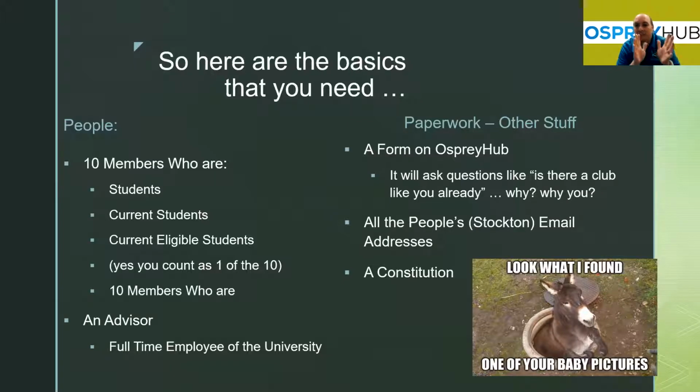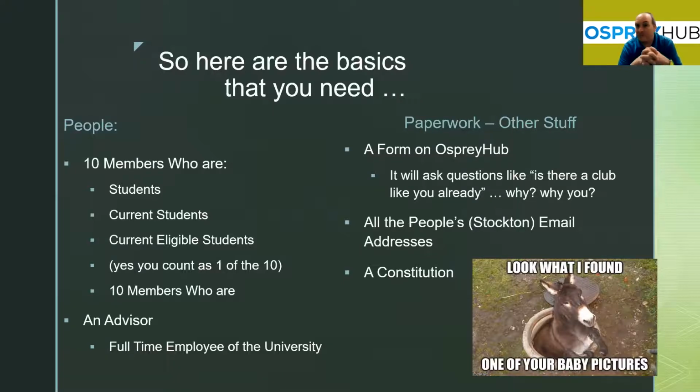All right, so 10 eligible students on the roster. You'll also need an advisor. What are the requirements to be an advisor? They need to be a full-time employee of the university. There are plenty of people here who work very hard who are not full-time. There are some part-time faculty out there. There are some part-time employees. We really want to make sure that we have a full-time employee of the university.